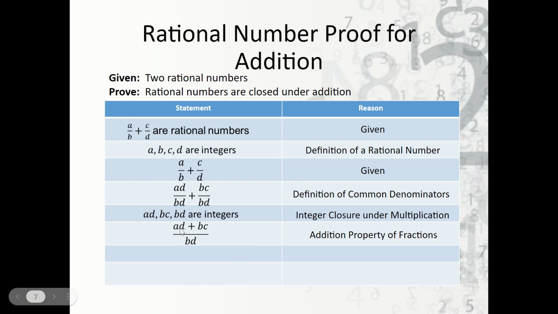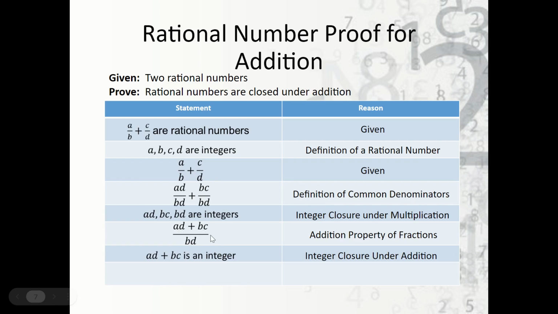Now, the question is, is AD plus BC an integer? Well, it is an integer, and we know that because of integer closure under addition. So anytime we add two integers together, we know that we end up with another integer. So we already stated that this was an integer and this was an integer. We add them together, we get another integer.